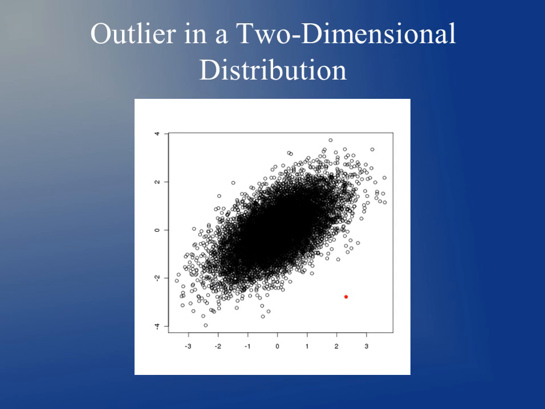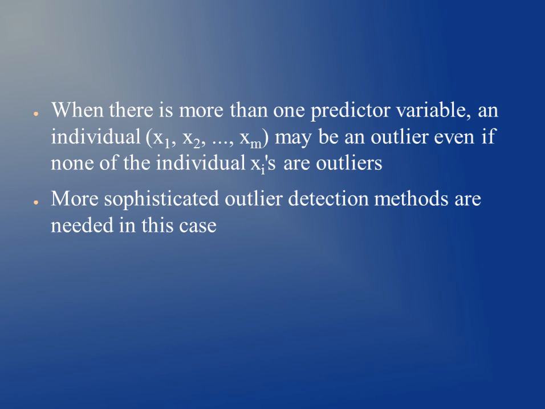Here we have two predictors, so we're looking at the outliers in a two-dimensional distribution. It's still possible just by graphing, so you can see this red point here. The problem comes if we have many predictors, because I can't see things in 5 dimensions by plotting them. So then we have to use some detection methods that we'll go over next.